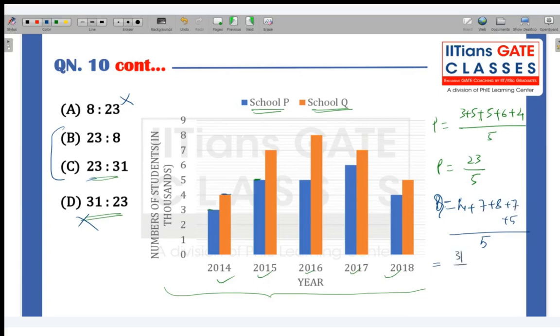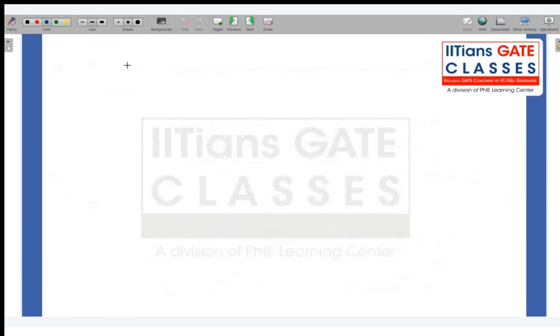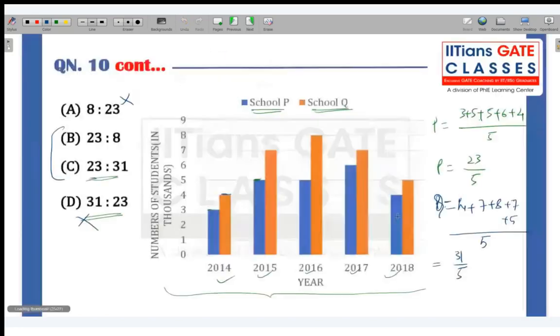This is the average of Q, but what do you have to find? The ratio of P upon P minus Q, so P is 23 by 5 upon... One minute, what is the question here?